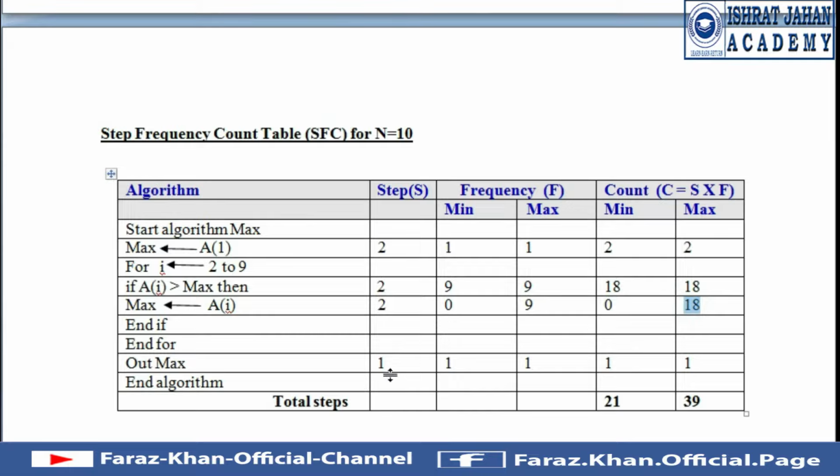Got it? Now out max: 1 minimum, 1 maximum, 1 multiplied by 1 we get 1, 1 multiplied by 1 we get 1, right? I hope you have understood the analysis.